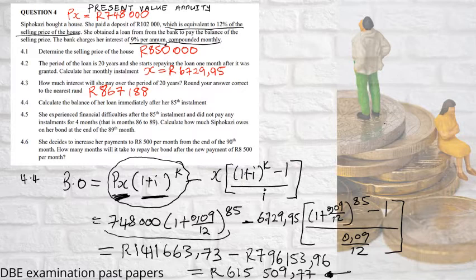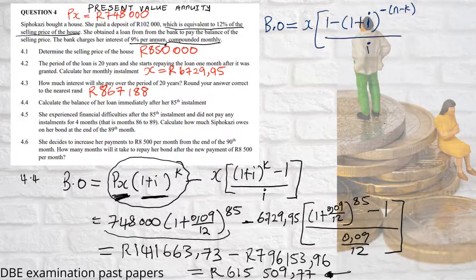Okay, there's another method you can use. Let me use a different color to say the balance outstanding is equal to this other formula: x into 1 minus (1 plus i) to the power of minus (n minus k), over i.